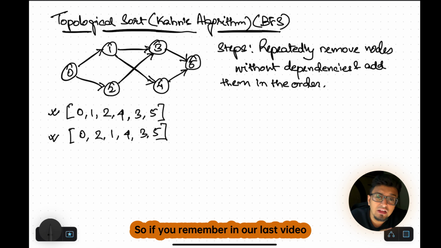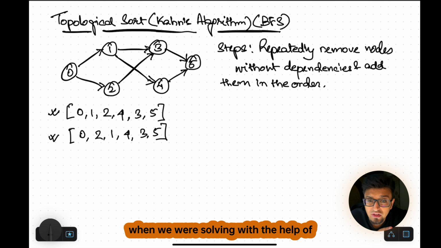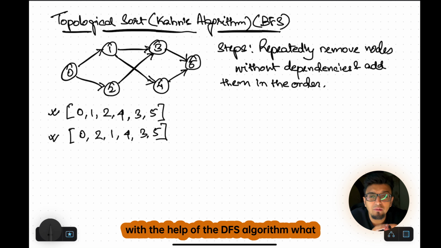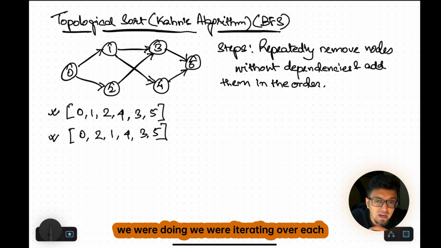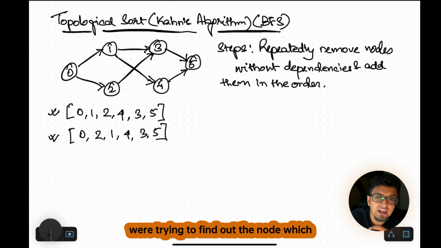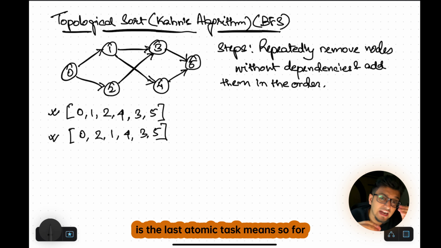If you remember, in our last video, to solve the problem with the DFS algorithm, we were iterating over each and every node of the graph. There we used DFS traversal and tried to find the node which is the last atomic task.